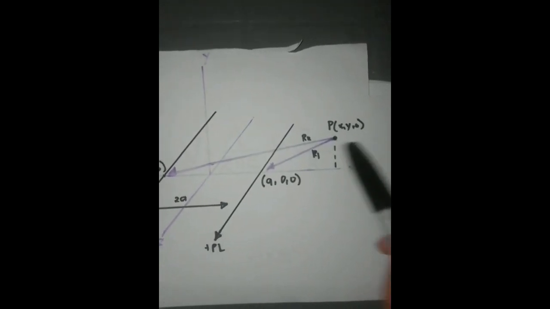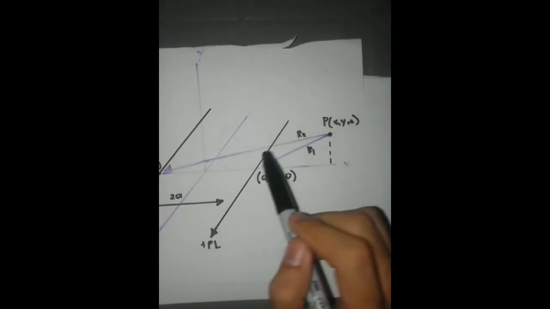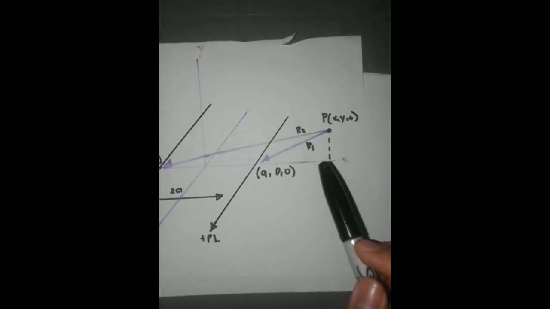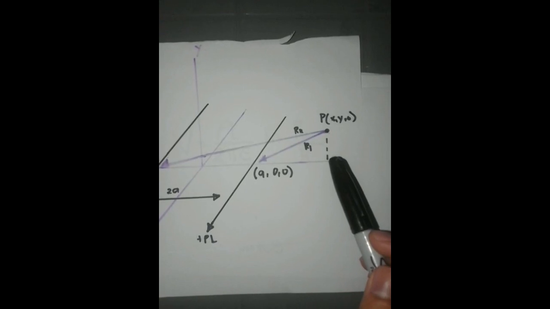A general point P at x, y, 0 in the xy plane is at radial distances R1 and R2 from the positive and negative lines, respectively. The equipotential surfaces are circular cylinders.